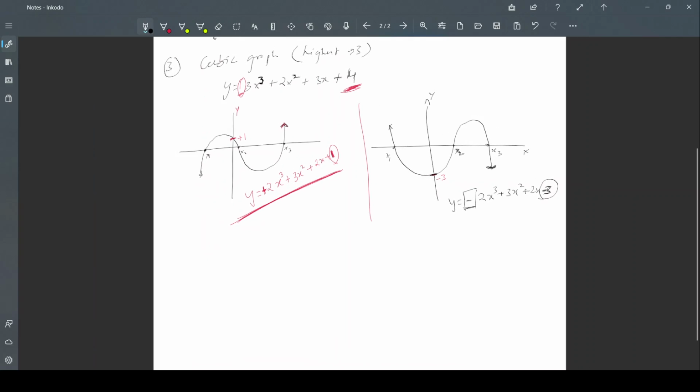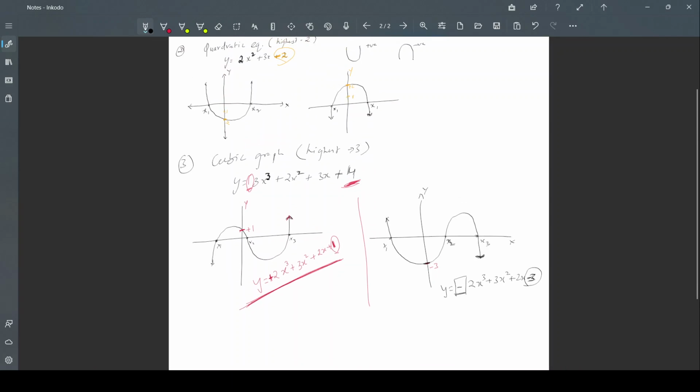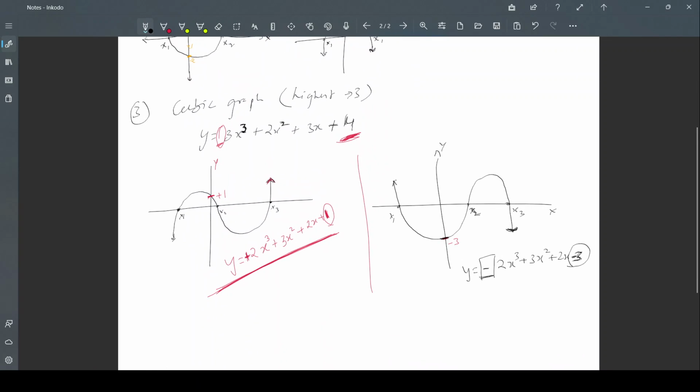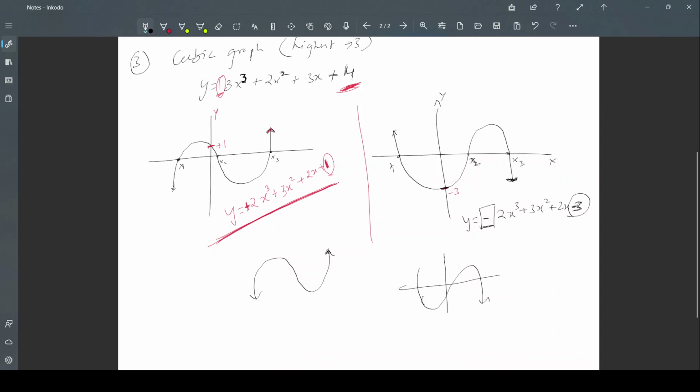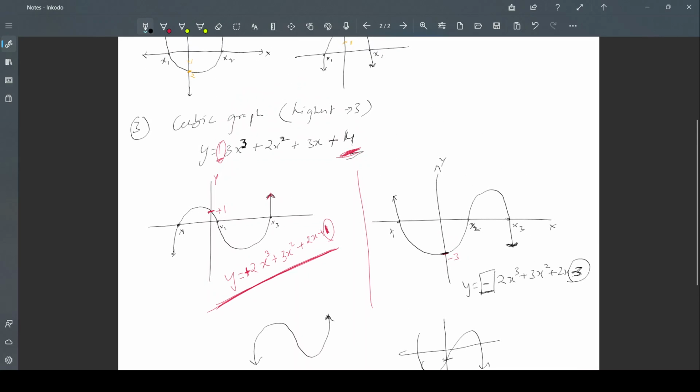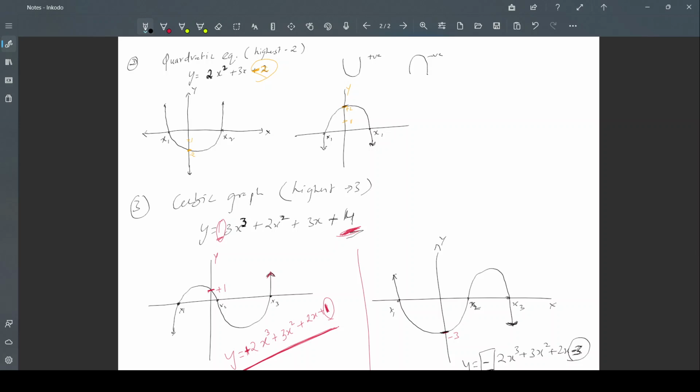So you have to keep these things in your mind: if the graph is cubic, then the highest power will be cube, and we have to draw it in this S format. If the right hand side of the graph goes up, it will be a positive graph, and if the right hand side falls down, then it will be a negative graph. Also, wherever the graph cuts the y-axis will be the last value of the cubic graph, same as what we have discussed in the quadratic graph.